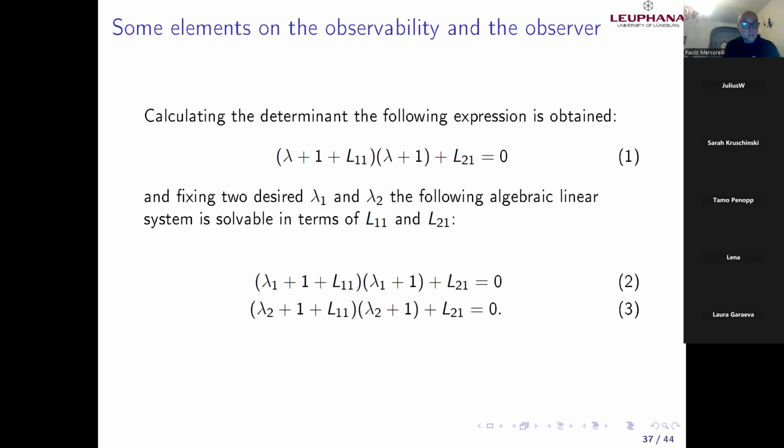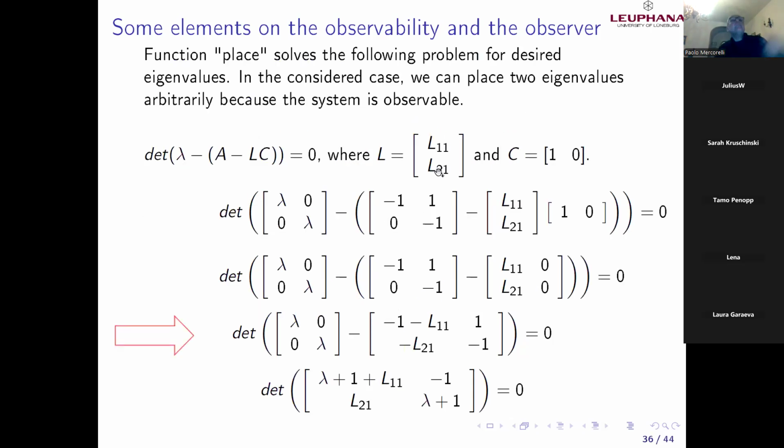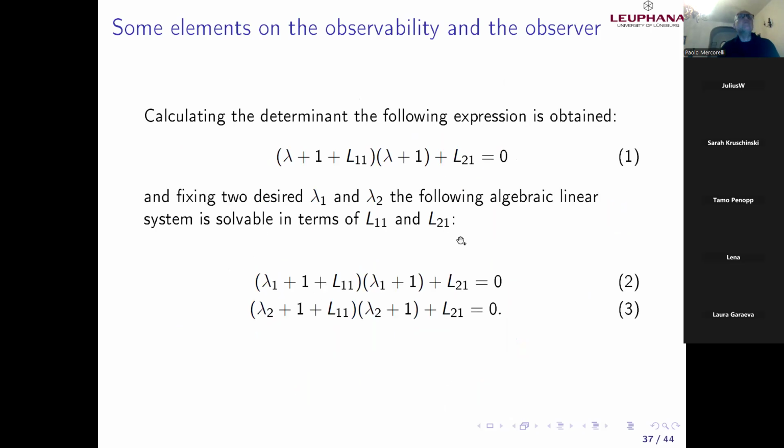And the goal is to calculate L11, L21, which represent these two elements. The parameterization of the vector could also be a matrix. This depends on what I am measuring, how many measurements I have. At this moment, I have just one measure, in this case x1. This means L consists of just one column. But of course, it could be extremely boring to solve this problem here. The problem is to calculate L11, L21, which guarantees eigenvalues lambda 1 and lambda 2.